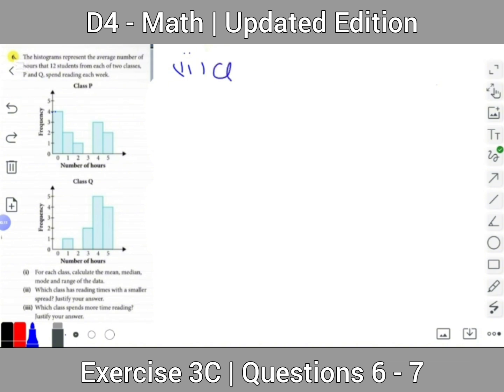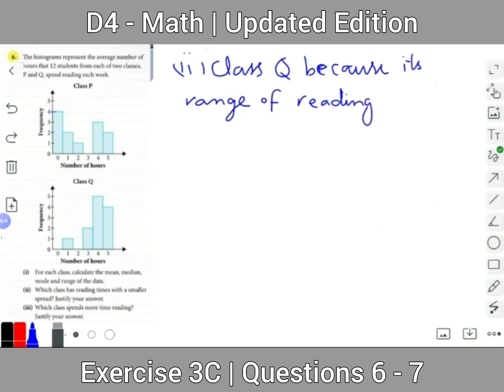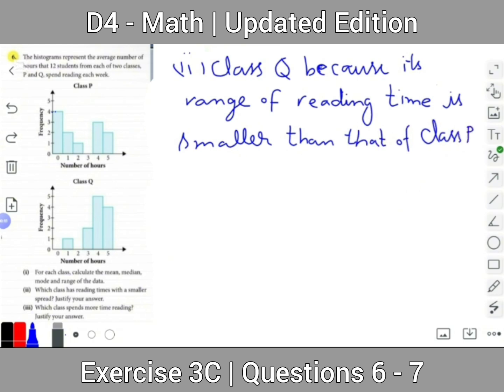Class Q because its range of reading time is smaller than that of class B. Now in the part 4, which class spends more time reading?